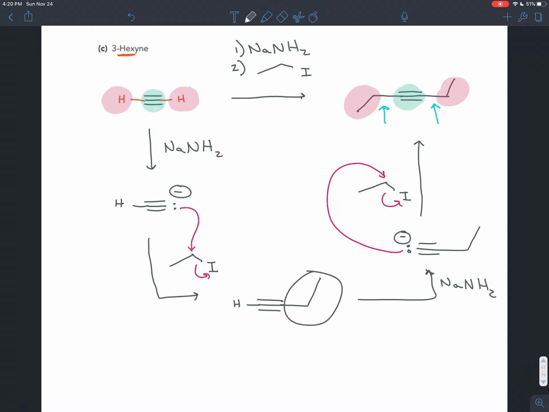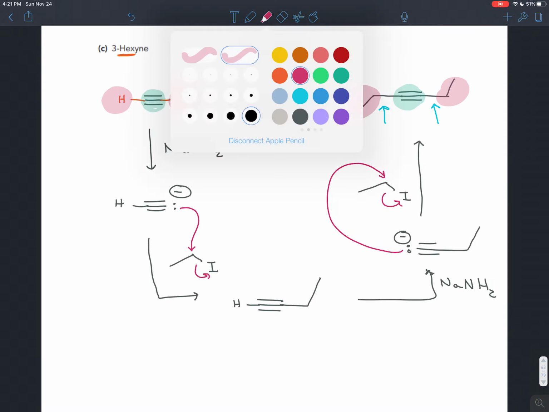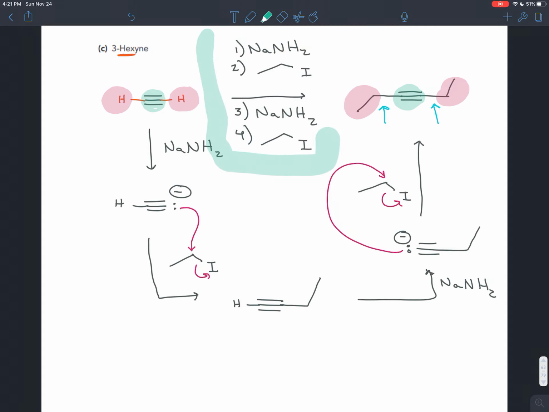That takes care of 1 carbon chain. Now we have to do the other one. So first we rip that other hydrogen off with sodium amide. And we follow that up once we have our carbon nucleophile with whatever carbon chain we want to add. Here an ethyl group, so I'll just add a leaving group on it. And this recipe here would allow you to turn acetylene into 3-hexyne.